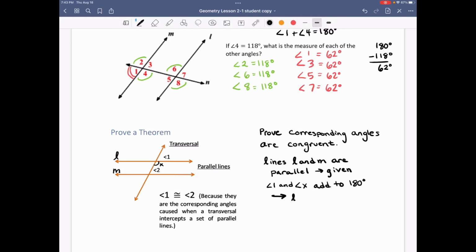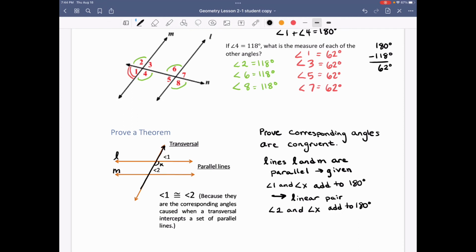That's just the definition of linear pair, because they're on this line right here. Angle 1 and angle X are on that line, so they're a linear pair. They make this line. And then we're going to say that angle 2 and angle X add to 180.